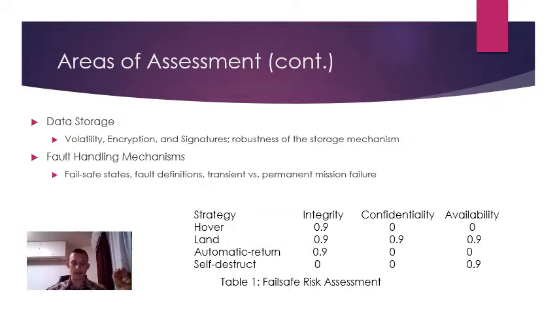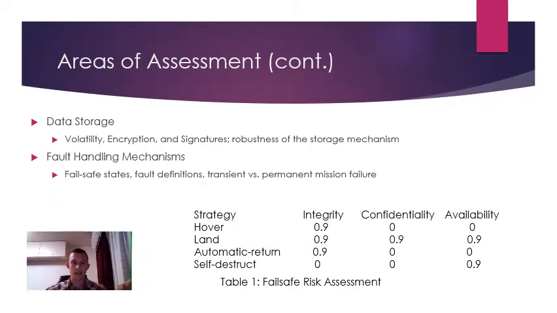Now, these particular fault handling mechanisms are tricky because the only way to really assess the risk for them is to go through each possible fault with a fine-tooth comb and see what you have available to deal with that fault.